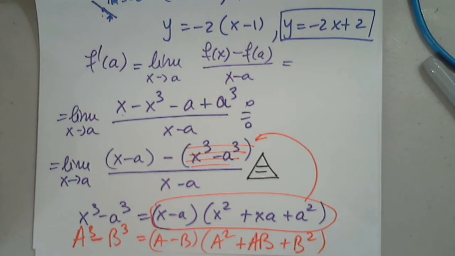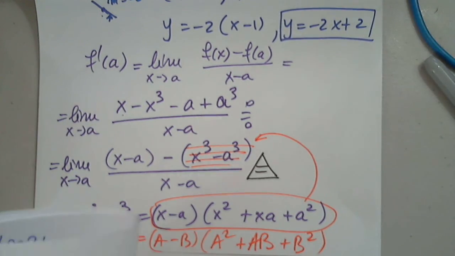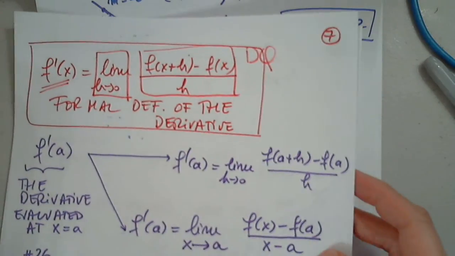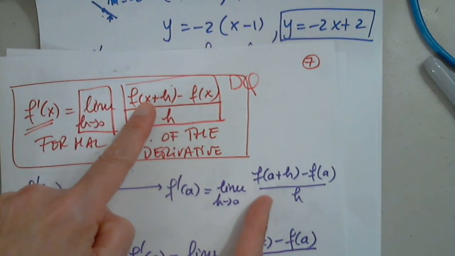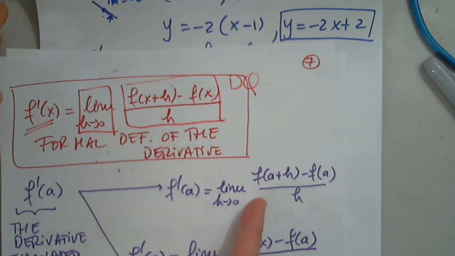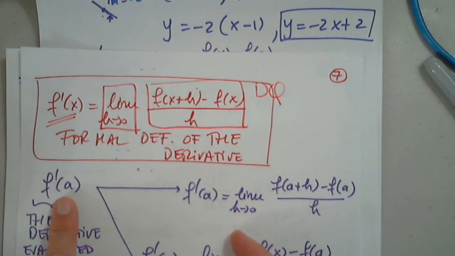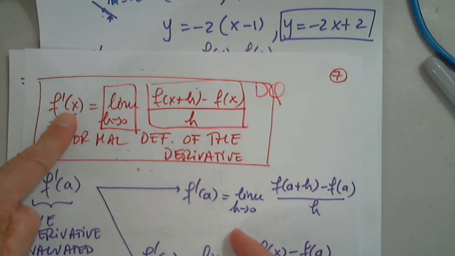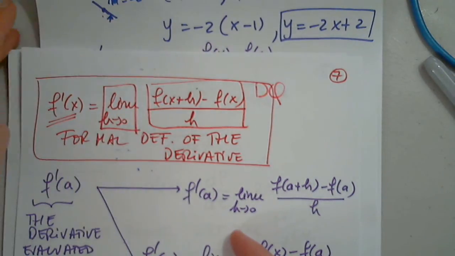And as I said, let me go back and dig up my papers again. I said when we talked about these 3, these 2 are identical. It doesn't matter if you use this or this when you are asked to find f prime of a. You can find f prime of x and then plug in a at the end. If this is f prime of 1 you're looking for, find f prime of x and plug in 1 as we just did.